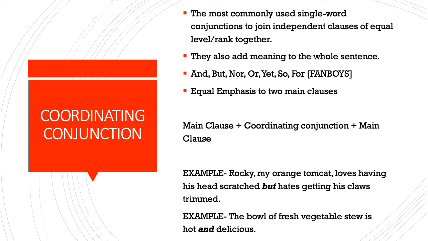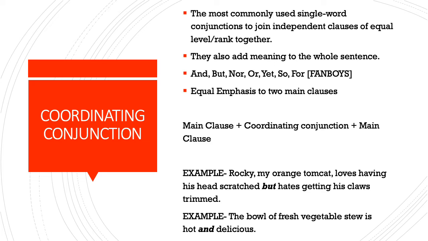Now coming to the second example, it will be better for you to understand. The bowl of fresh vegetable stew is hot and delicious. So both hot and delicious are related to our taste. Only when we taste the soup with our tongue in the mouth will we understand whether it is hot or cold, and whether it is delicious or very bad to taste.